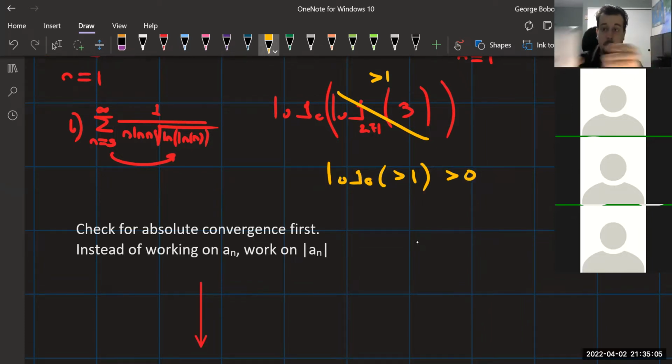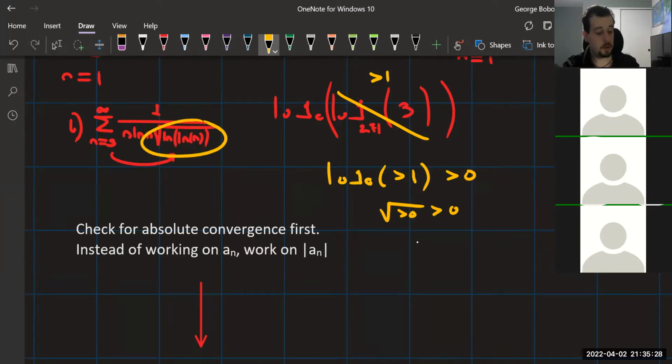Think about it, because ln of 1 is 0. I don't have to put in a calculator. So if we produce a number that is greater than 1, the output overall is going to be greater than 0. And I just proved to you that the inside of the square root is greater than 0. Since we're square rooting something greater than 0, we get something greater than 0. And that's what I did in my brain to prove that this is greater than 0 right now.